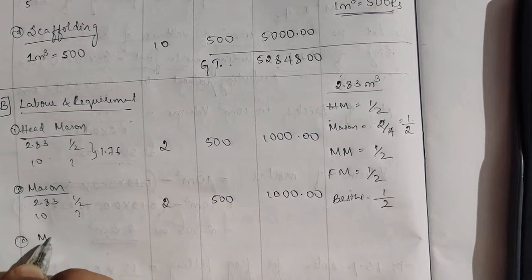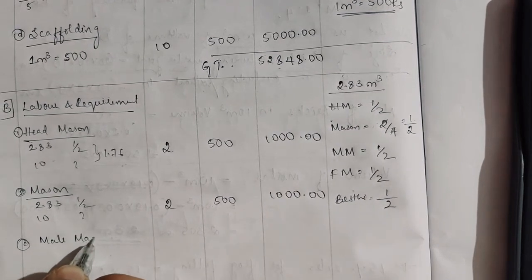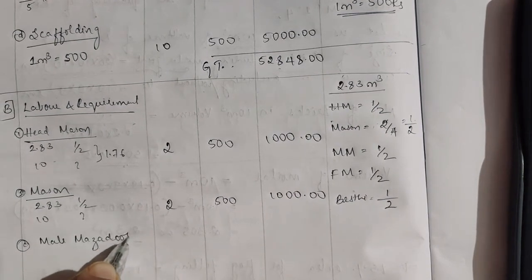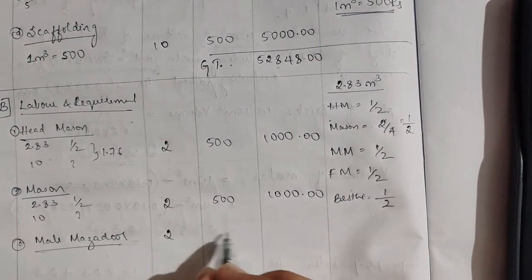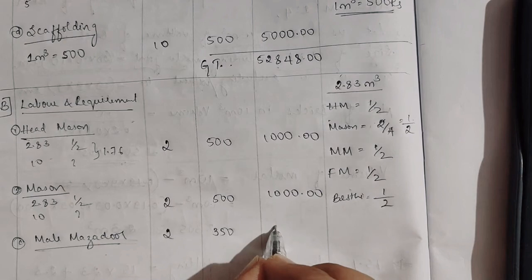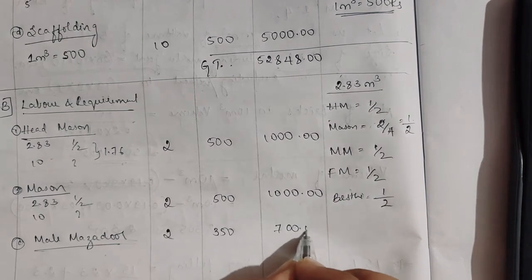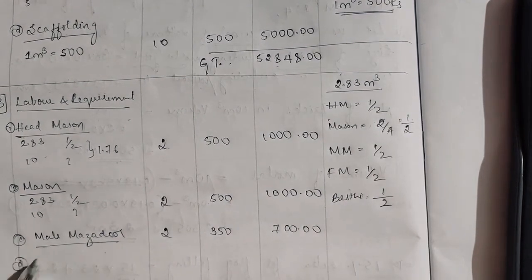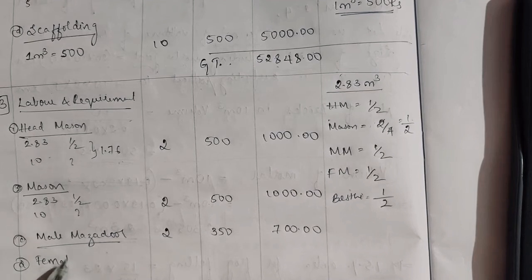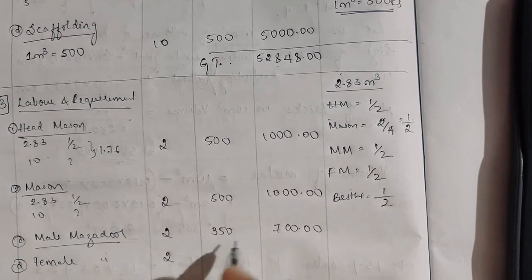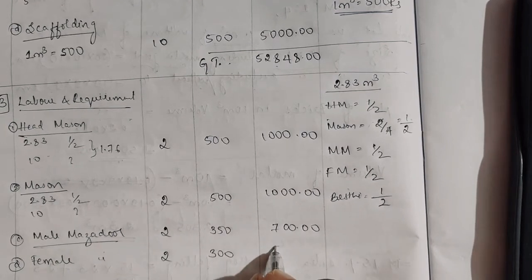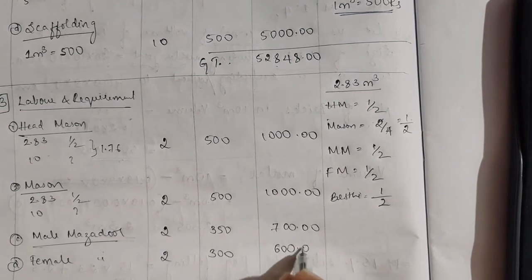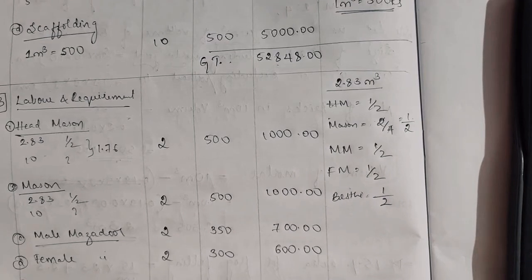Next, male mazdoor, same quantity 2. What is the rate for him? 350. 700. Next, female mazdoor 2. 300. 600 is the total.